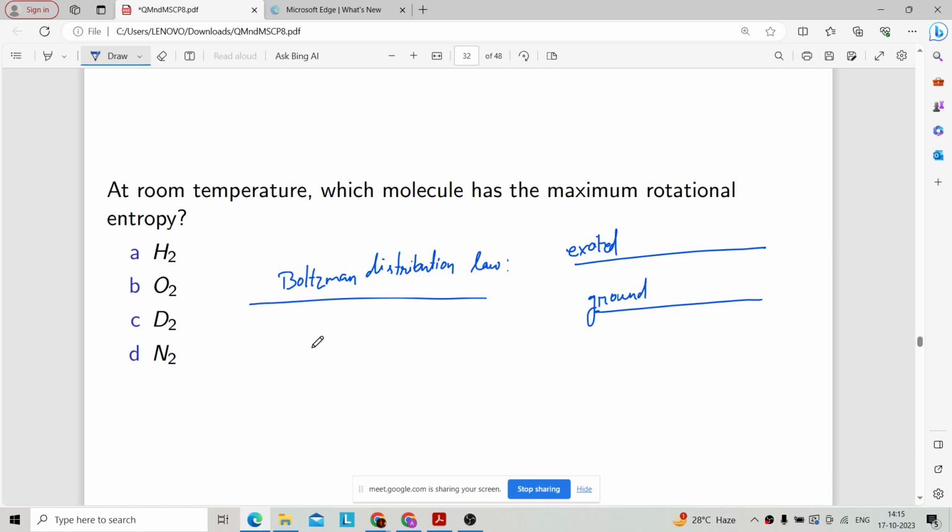It states the number of particles in the excited state will be equal to the number of particles in the ground state times e to the power minus the energy of separation divided by kT, where k is the Boltzmann constant.